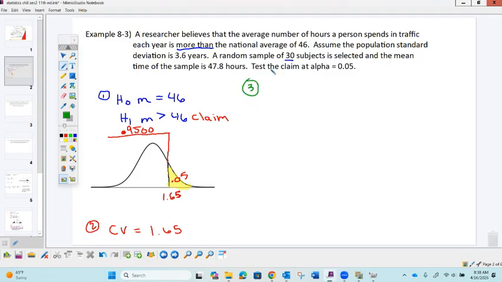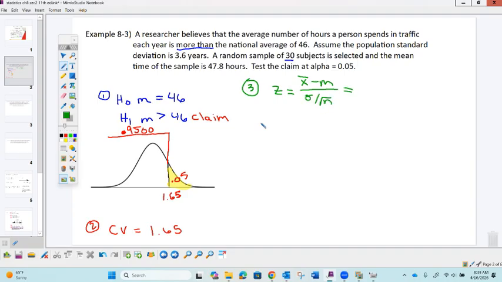Now again, we are looking at means or averages, okay? And my sample size is 30 or more. So we are using the Z-score formula, where you are doing X bar, mean of the sample, minus mean of the population, mu, over standard deviation of the population divided by the square root of the sample size.